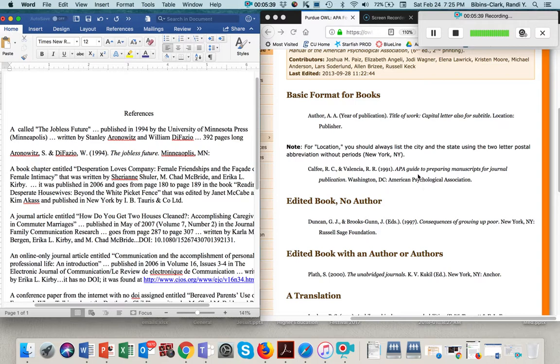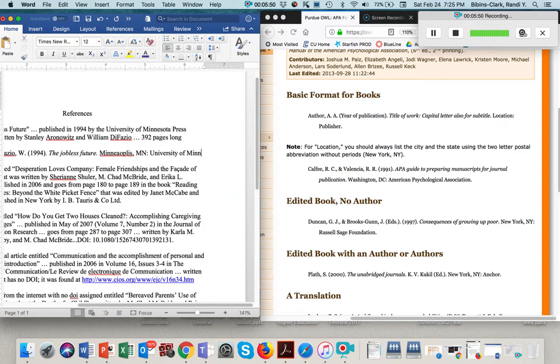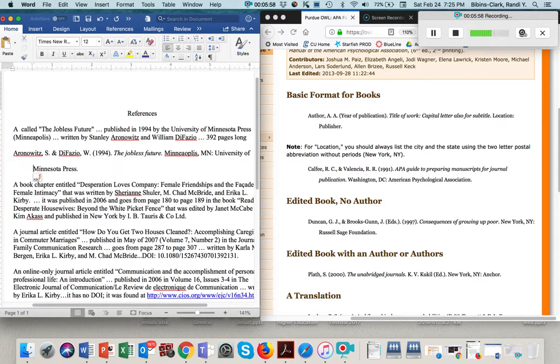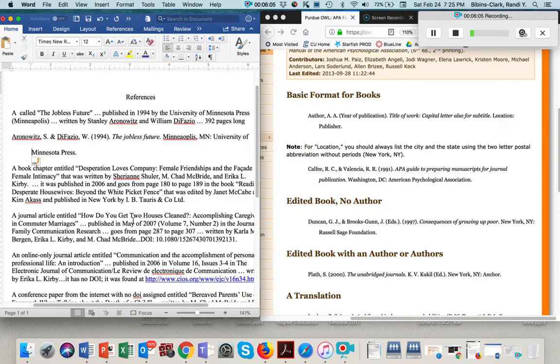And I'm always checking for capitals, so I'm making sure that they want everything capitalized, and they do for the publisher, because I can see the example there. So my publisher is University of Minnesota Press. Now this has to be double spaced, and this is not the best way to double space something, but for speed, I'm going to do it that way with a hanging indent. There is my book entry.